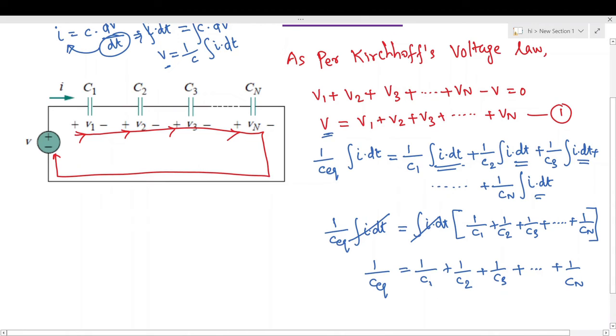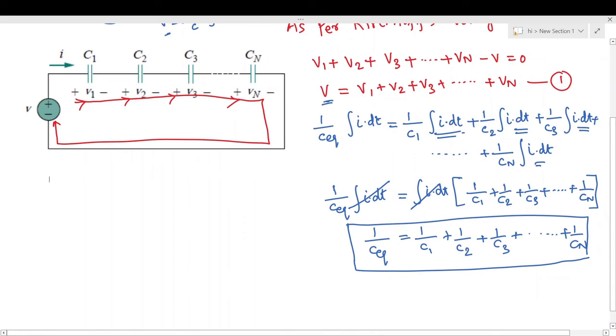Now we can define that the equivalent capacitance of a series connected capacitor circuit is the reciprocal of the sum of the reciprocals of the individual capacitance values. The equivalent capacitance of a series connected circuit will be smaller than the smallest capacitance connected in the series combination.